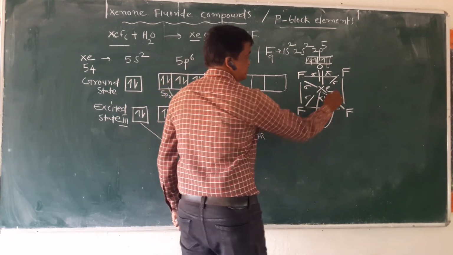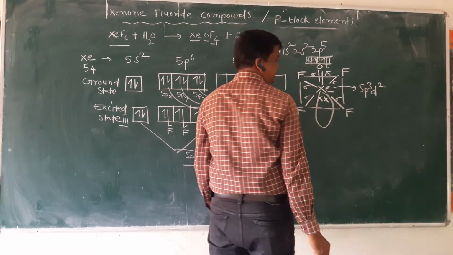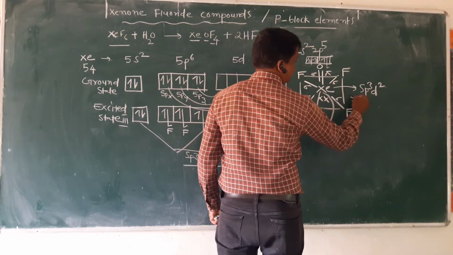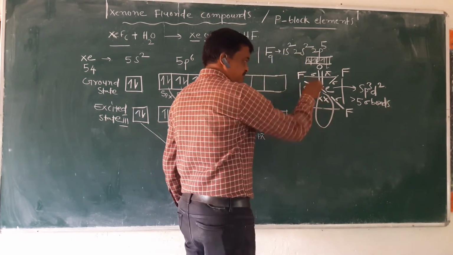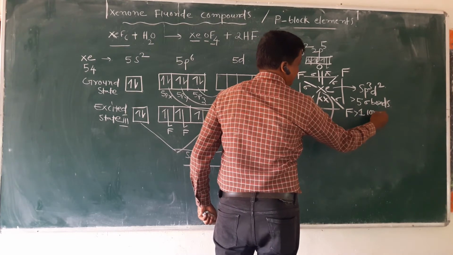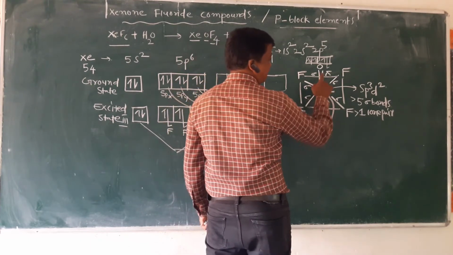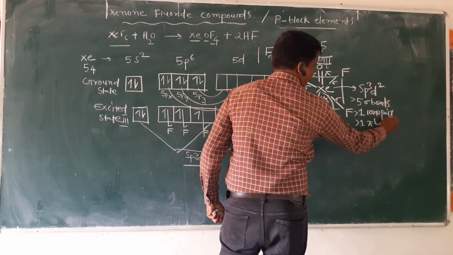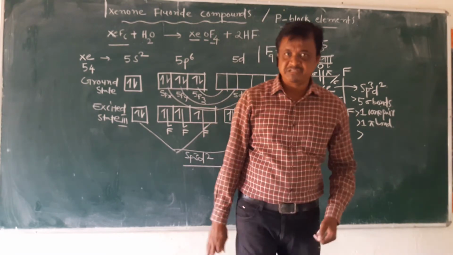So now this is sp3d2 hybridization. 1, 2, 3, 4, 5 sigma bonds are present in xenon oxytetrafluoride, and one lone pair is present, and one pi bond. And the structure name is important.